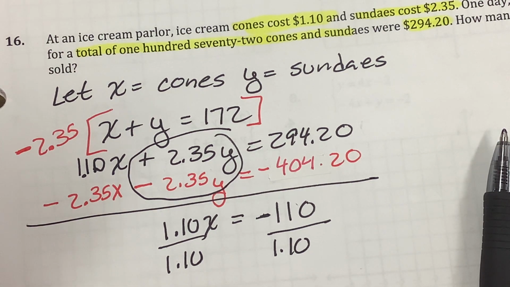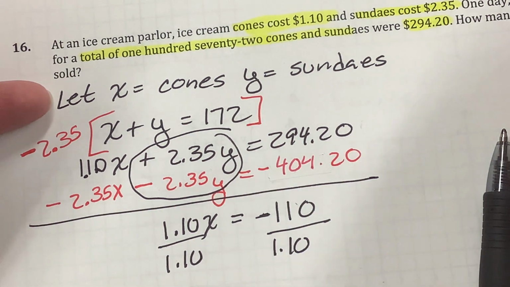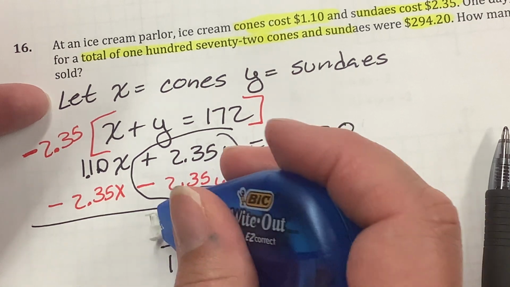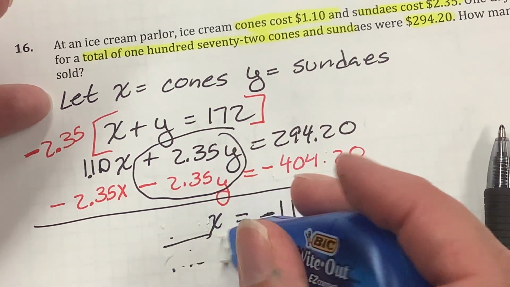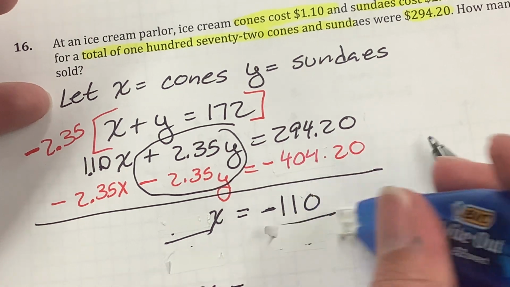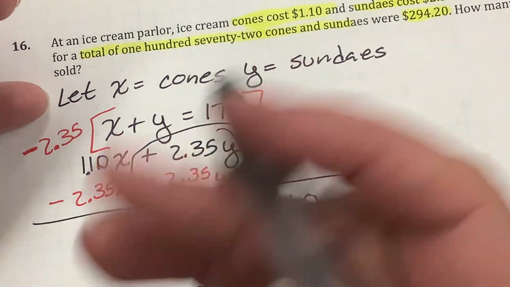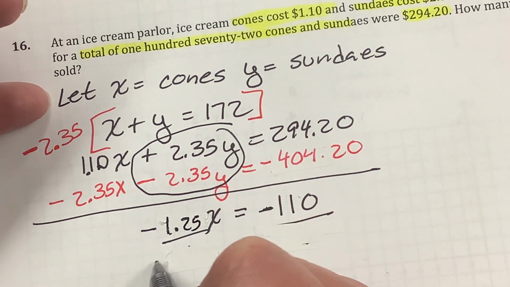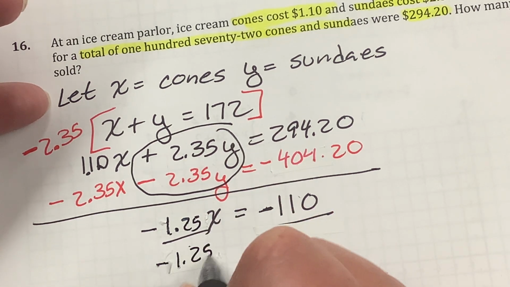Negative $2.35 times x, plus 1.10 equals, that should have been 1.25. Sorry guys, don't get mad at me. Yeah, get mad at me, I did bad math. Sometimes mistakes happen. Negative 1.25 divided by negative 1.25.